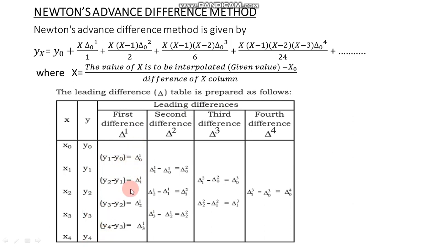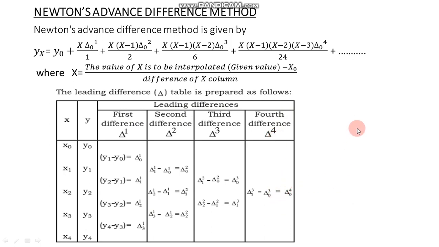Similarly, whatever answers come, delta 1 minus delta naught 1, delta 2 1 minus delta 1 1, delta 3 1 minus delta 2 1. We'll get another answer. So these are delta naught 2, delta 1, etc., till we get one number, and we stop there. According to this table, there is a fourth difference table. We will get the single digit number.